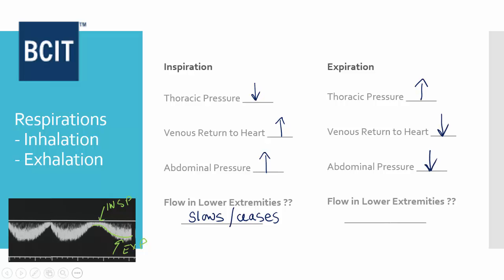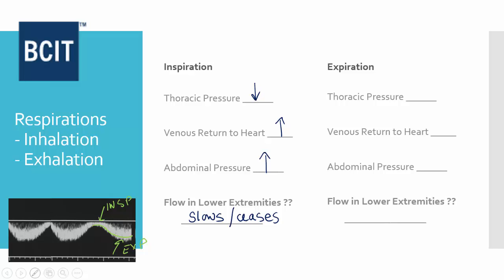So we have hydrostatic pressure to work against, and then also by taking that deep breath in, or just even a regular breath, just our regular respirations, that abdominal pressure increases, which slows or ceases lower extremity venous return. If you exhale, we're actually blowing all that oxygen out of our lungs.